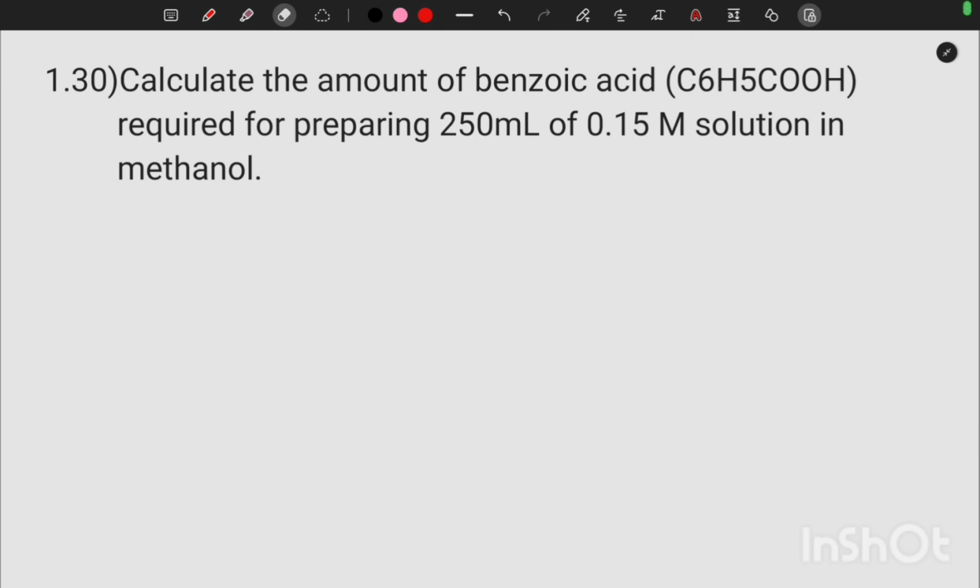Amount of benzoic acid required for preparing 250 ml of 0.15 molar solution in methanol. Here molarity is given. Molarity is equal to 0.15. Volume of solution is equal to 250 ml.